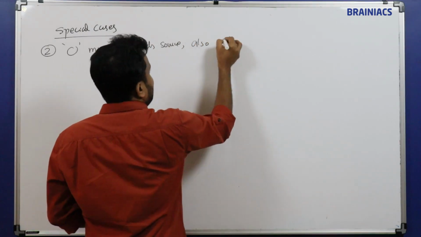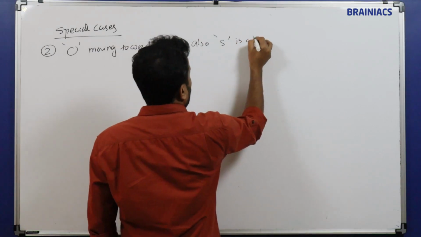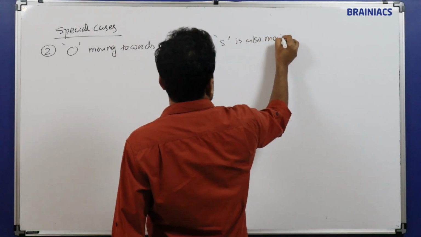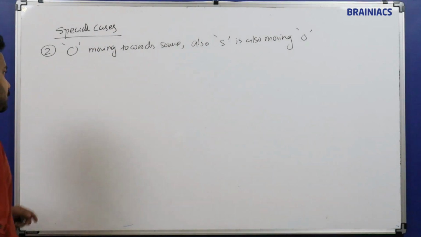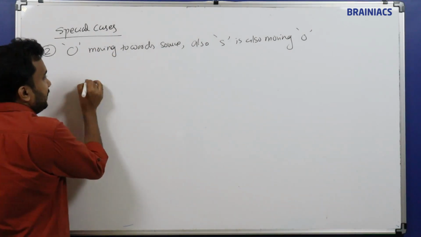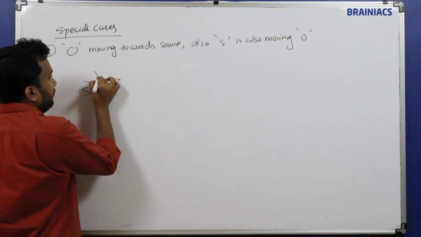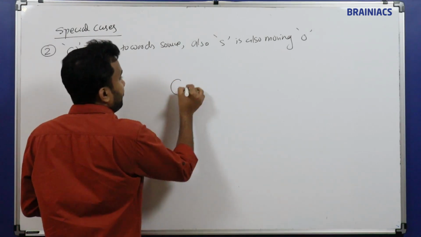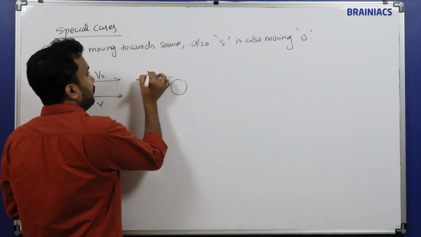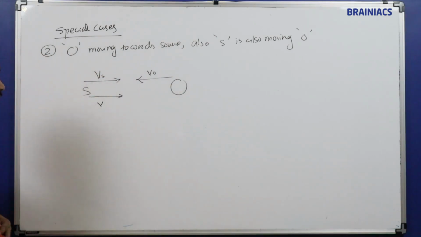Also, S is moving towards O. Let's take the source S moving with velocity Vs. The observer is also moving with a velocity V0.